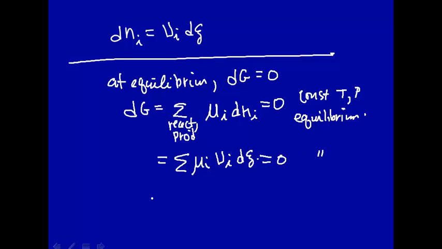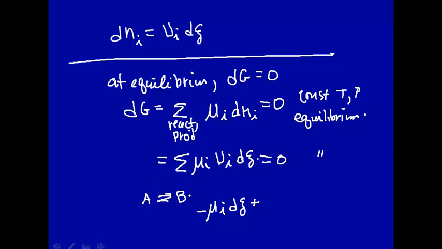Now let's consider just a simple chemical reaction, A in equilibrium with B. Let's write this equation down for those. The stoichiometric coefficient here will be -1, so this will be minus mu sub A dξ. This is a sum over the reactants and products.